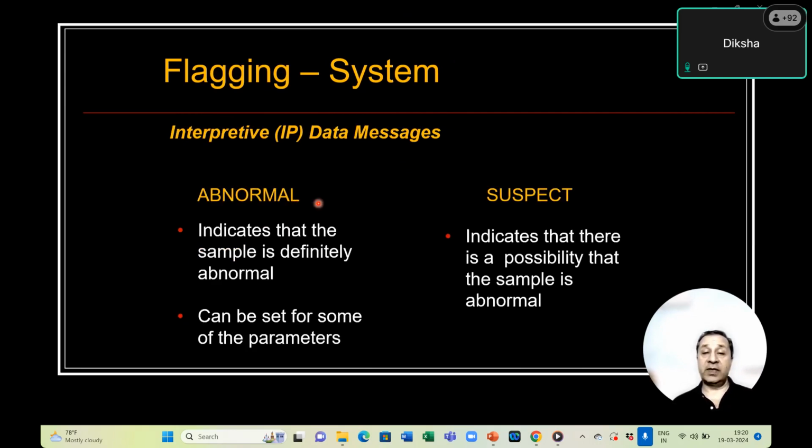That means there is a specific defined abnormality which they are picking up. And you can even set this up. For example, in a newer hematology analyzer today, you are able to set up your flagging for infected red cells depending upon certain parameters. And on the other side, you have these suspect flags, which indicate that there is a probability of some issue within the sample which needs to be taken care of.